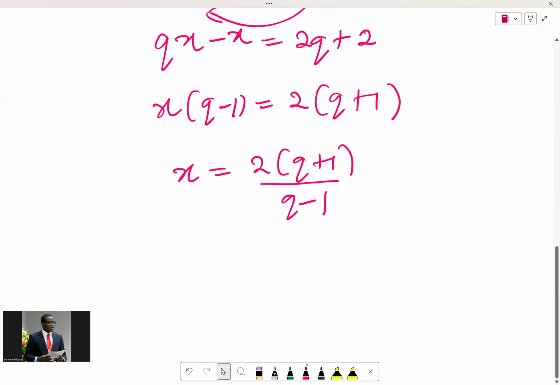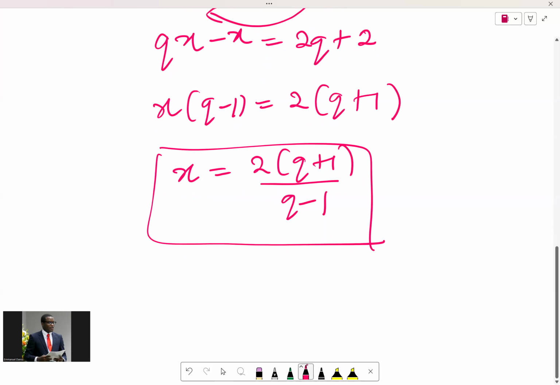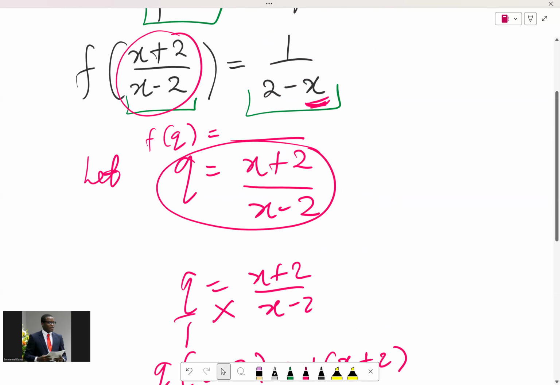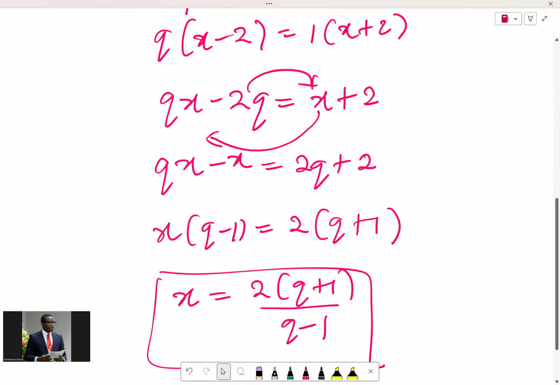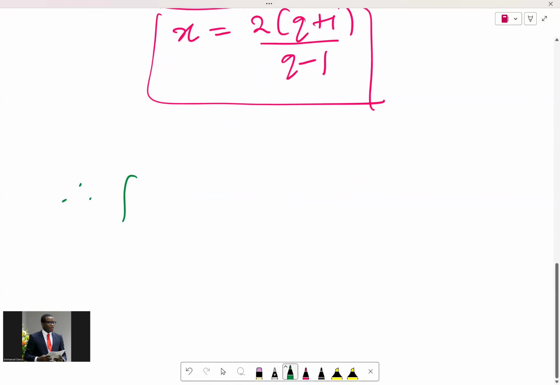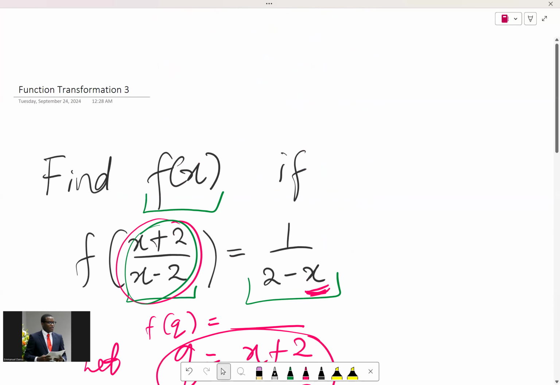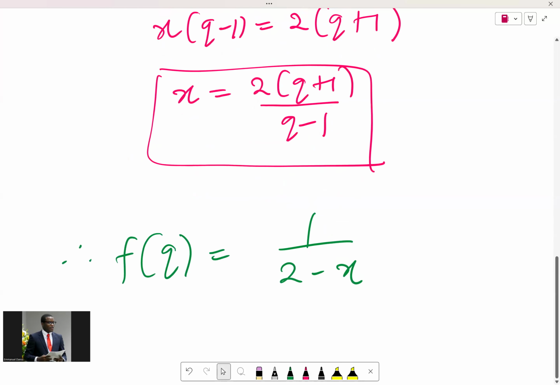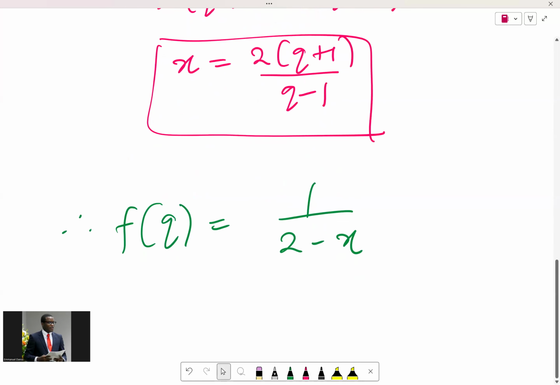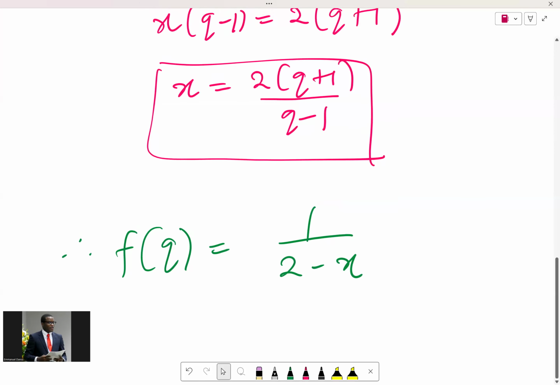Now that you have x like this, this whole expression is q. So you can say, therefore, f of q is equal to 1/(2 - x), and you already have x to be 2(q + 1)/(q - 1).